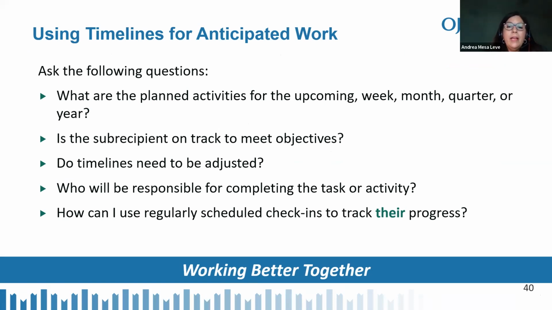What are the planned activities for the upcoming week, month, quarter, or year? Is the subrecipient on track to meet objectives? Do timelines need to be adjusted? And who will be responsible for completing the task or activity? And of course, how can I use regularly scheduled check-ins to track their progress? Next slide, please.